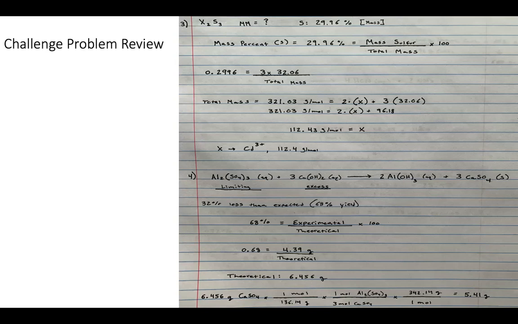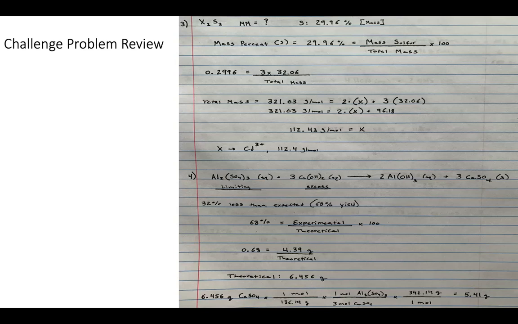Okay, I think the big key to this problem is knowing that once you solve for the total mass of X2S3, it's remembering that you have to subtract out the mass of sulfur and then divide by 2 to find what is the mass of just one molecule of X. Okay, and again, that stands for cadmium.